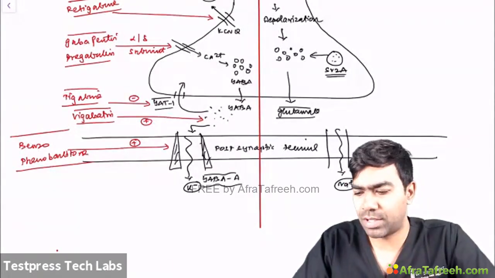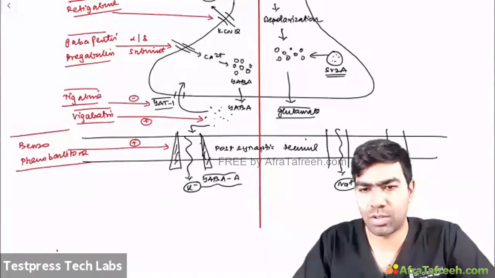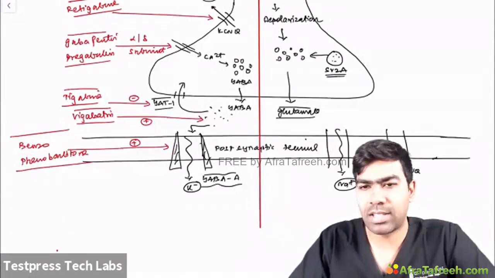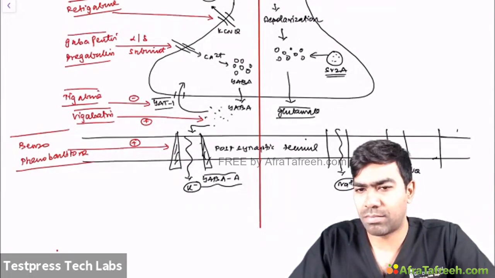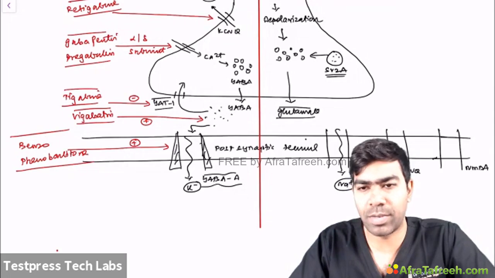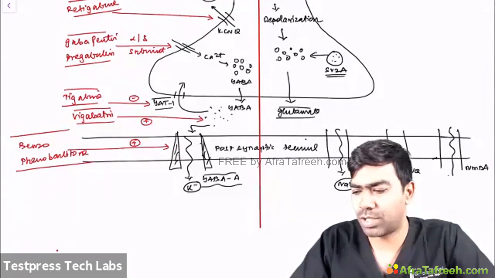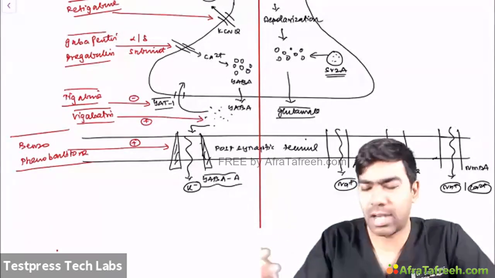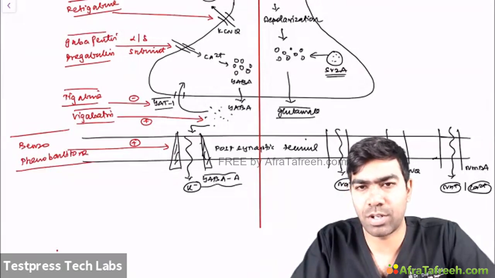Then we have KCNQ channels also, which are potassium channels. And we have NMDA receptors also, which are also glutamate receptors, which can push in sodium as well as calcium. Again, I've told you about the AMPA, NMDA and kainate receptors in the stroke pathophysiology itself.